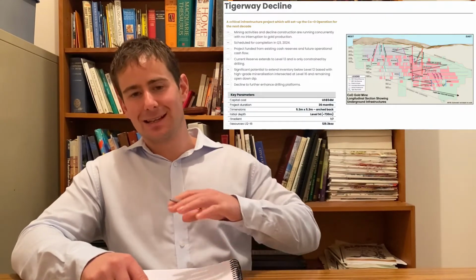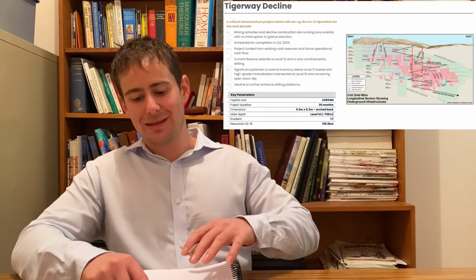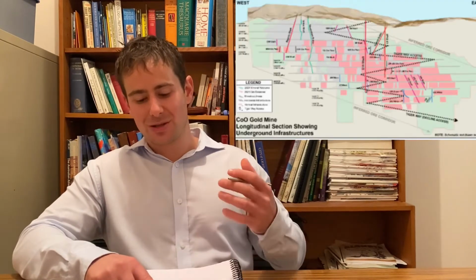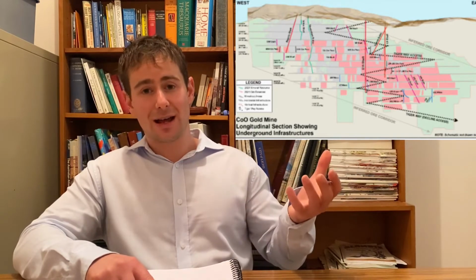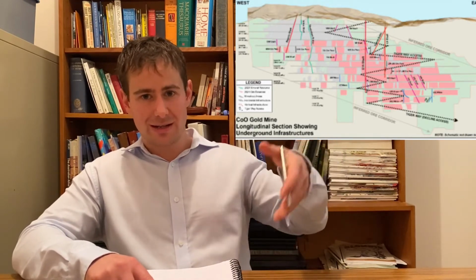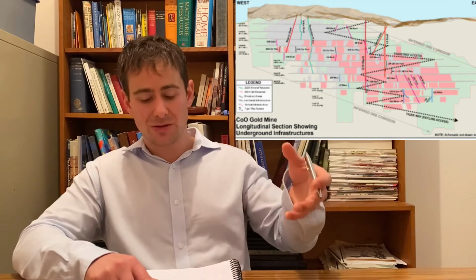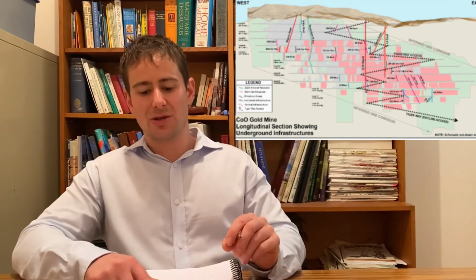dividends and buybacks. They are currently working on the Tiger Way decline, which is to access ore deeper in the deposit. Not all of that ore has been explored, but as you can see from this chart, this diagram, the green is the resource, whereas red is the reserves.